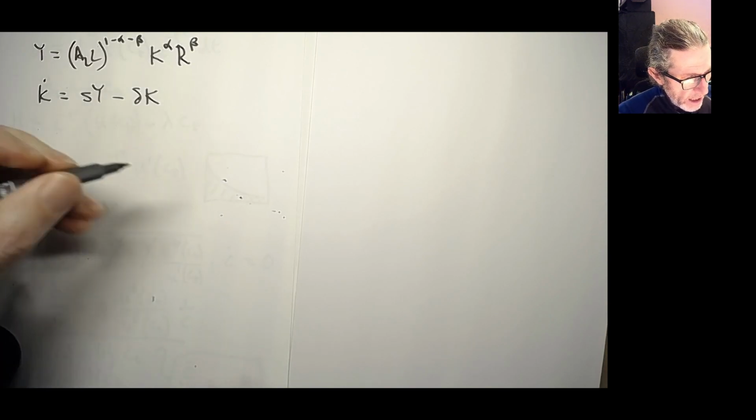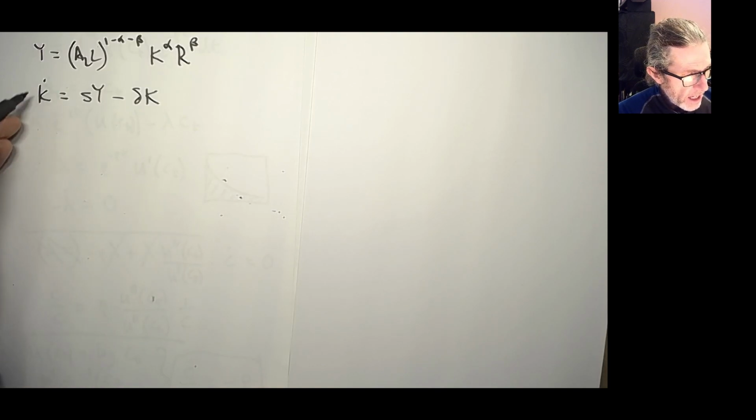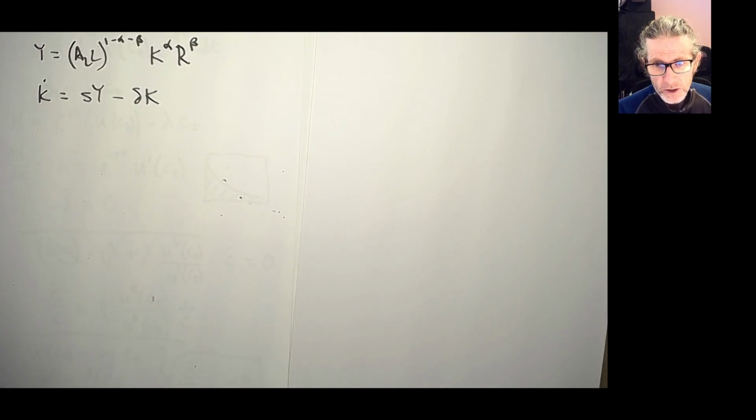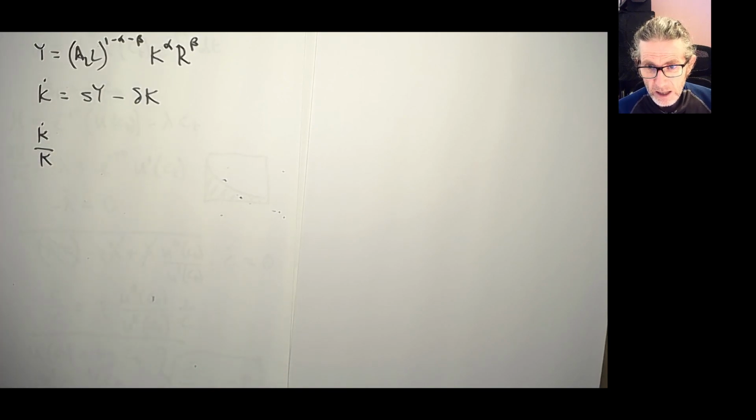So this K dot, that's not a rate of change. K dot is the addition of new capital, a sort of physical addition. But the rate of change of capital, in percent per year, so to speak, loosely, is K dot over K. It's new capital in relation to the existing stock. That's the rate of change. So for balanced growth, K dot over K should be constant.